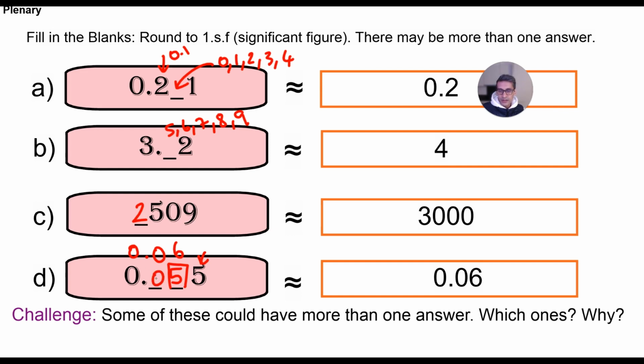So 0.055 is going to be your answer. We can just test this out by looking at the first significant figure. So in this case, it's this 5 here, and we know that's going to be rounded to the nearest 0.01. And because the decider is 5, that becomes 0.06. There are no other answers for this. So 0.055 is the answer.